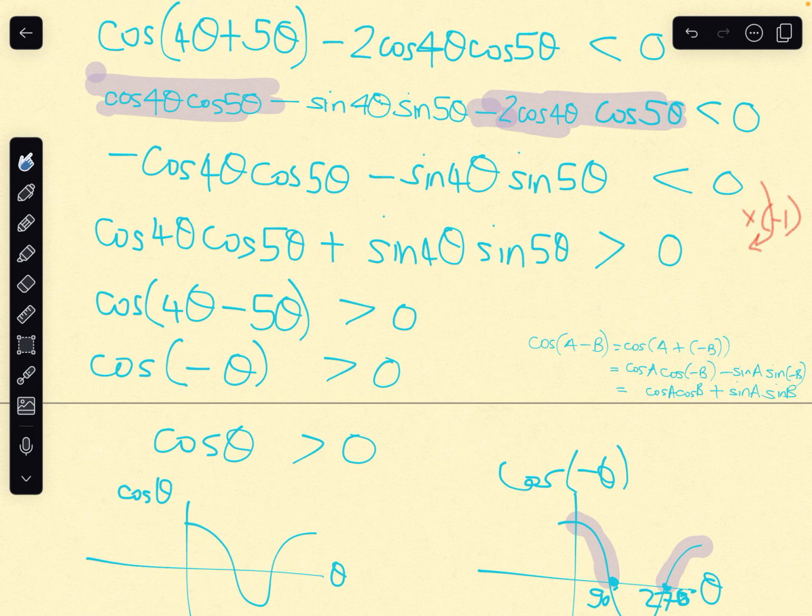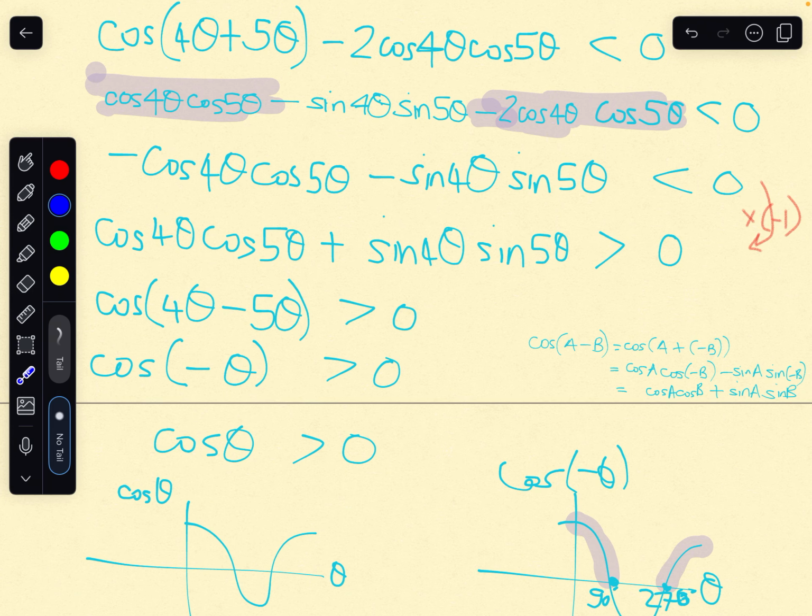So they ended up with cos theta must be smaller than or equal to 0. I ended up with the opposite. So where did I go wrong? I have a feeling that maybe somewhere here I messed things up.